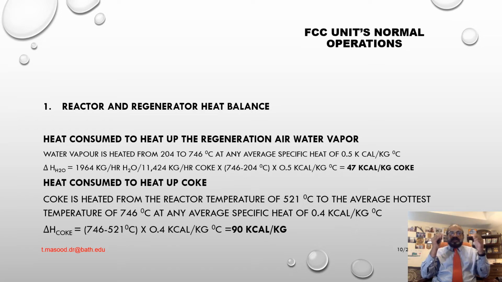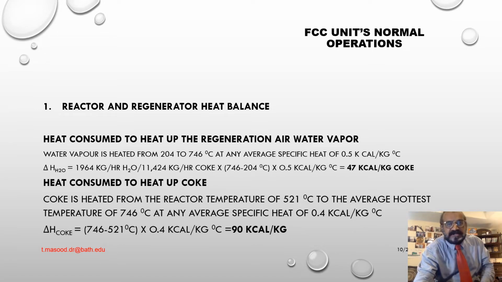Delta H water is equal to 1964 kg per hour water divided by 11,424 kg per hour coke, times the temperature difference, 746 minus 204 degrees Celsius, times the specific heat, 0.5 kilocalorie per kg. So it's equal to 46 kilocalorie per kg coke. The heat consumed to heat up the regeneration air water vapor is 46 kilocalorie per kg coke.